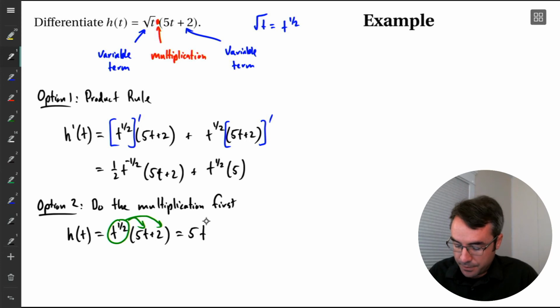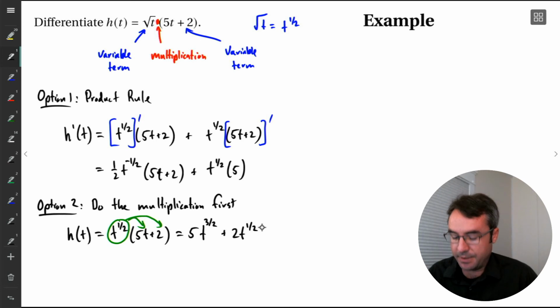So we'll end up with 3/2 when we multiply the 5t with the t to the 1/2. And then when we multiply this 2, we just get a 2 times t to the 1/2. And now we've rewritten our function. We've actually done the multiplication. And so now these are just power functions that we're going to be differentiating. So no product rule necessary here.